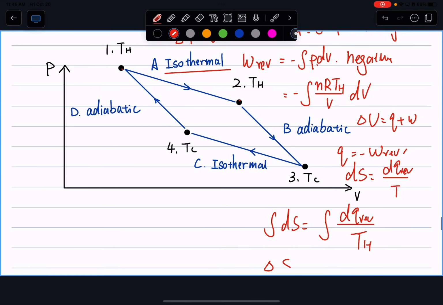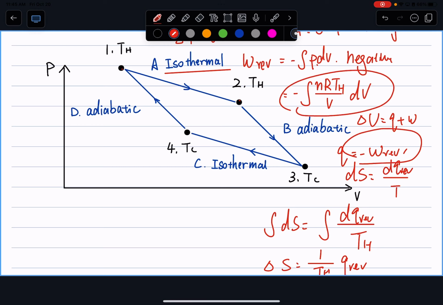So we have delta S equals 1 over T_H times Q_rev. And we know Q_rev equals negative W_rev, and we have an expression for W_rev. So you can also calculate delta S for the process between 1 to 2.